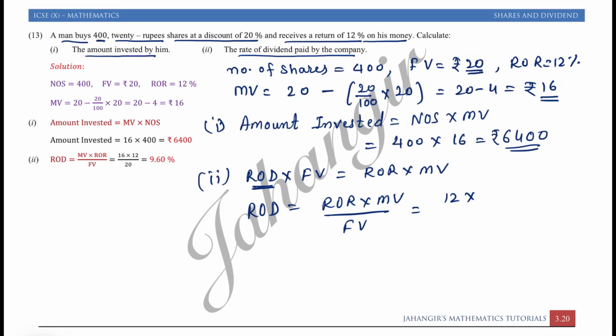MV is 16 rupees and its face value is rupees 20. So calculating you will get 2 tens are 20, 6 16 6 are 96 upon 10. So therefore ROD is equal to 9.6%. It's terminating decimal, so you can write as decimal. So rate of dividend is 9.6%.